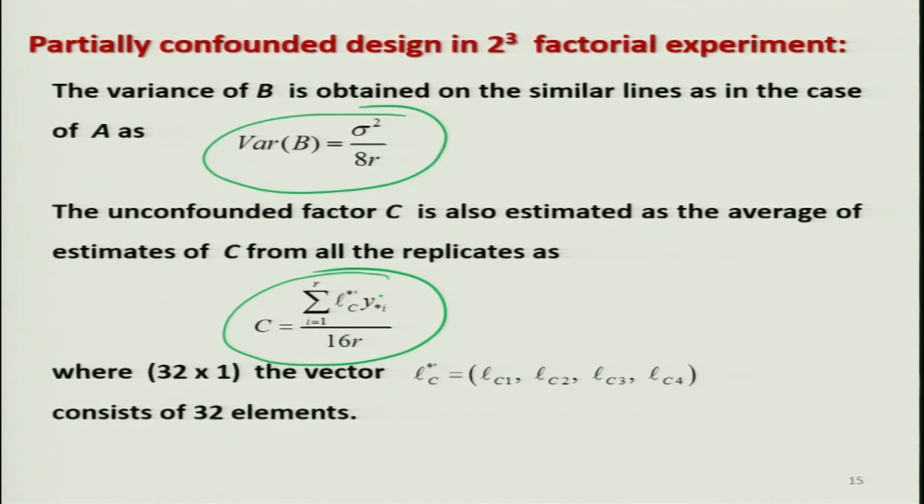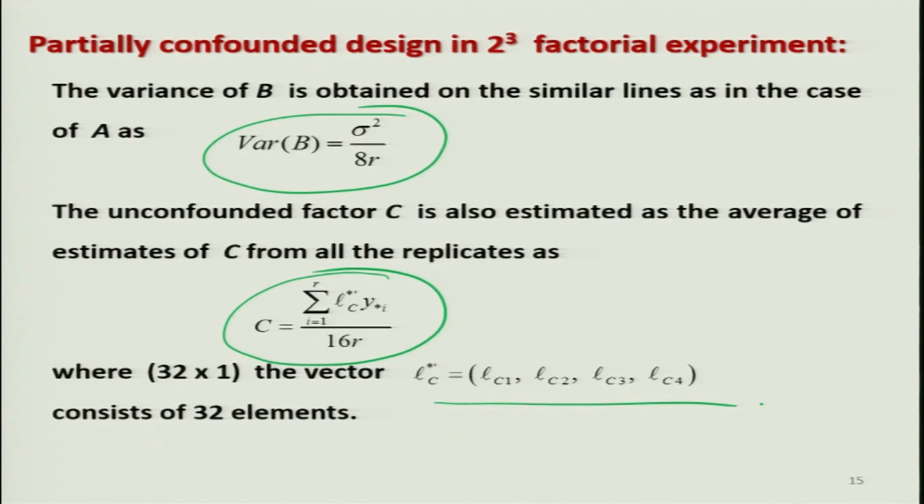Yes, this L A star, L B star and L C star, they all will have only 2 types of number, plus 1 and minus 1, but their locations are going to be different, and we know how to write down the A, B, C in the case of 2 to the power q factorial experiment. So, this L C star will also have 32 elements in it.